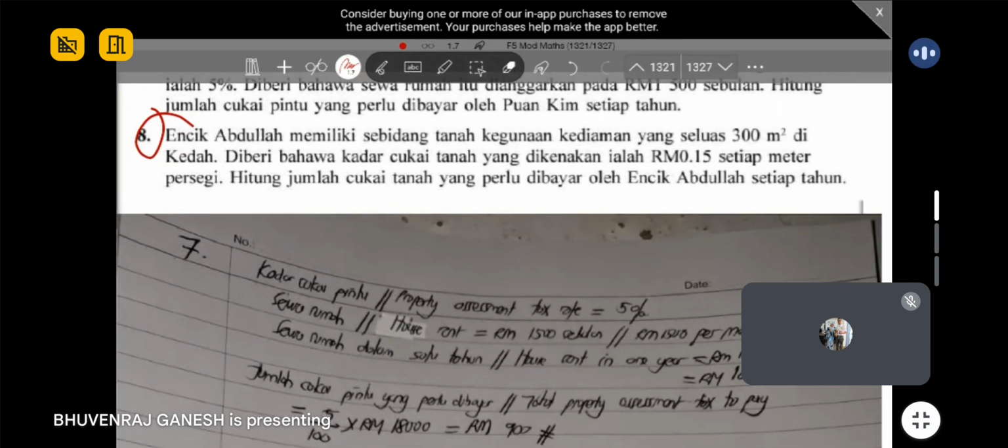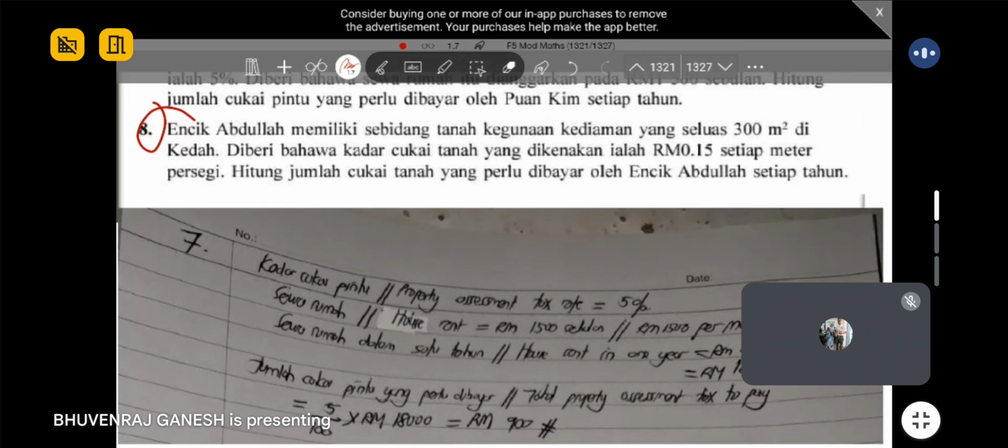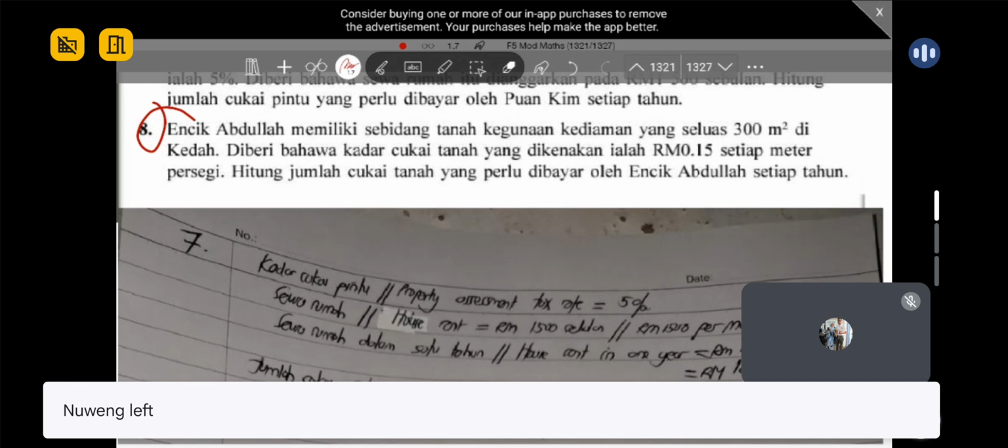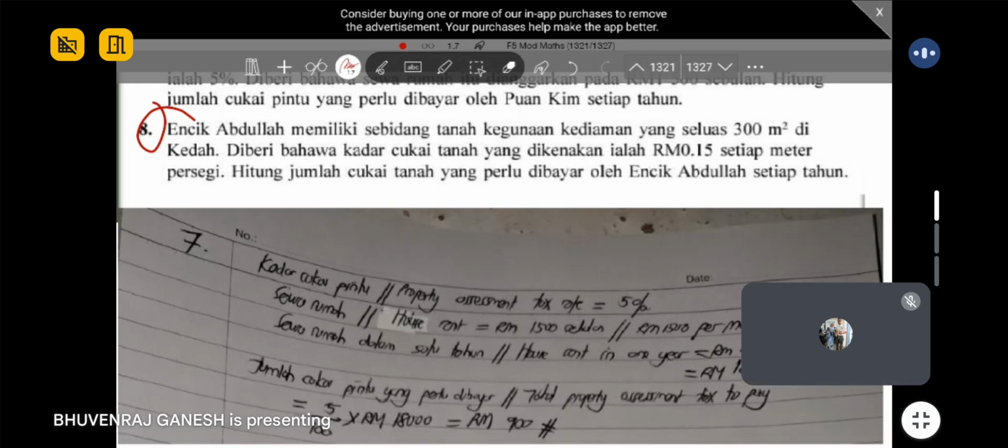Okay, so number 8. Boleh bagi jawapan tak? Number 8 ni paling senang. Very easy. So dah dapat Ahmad Hafiz untuk soalan 8. What is your answer?